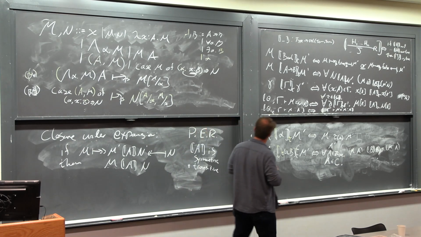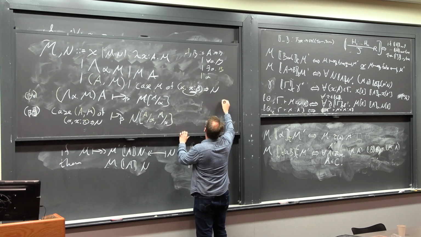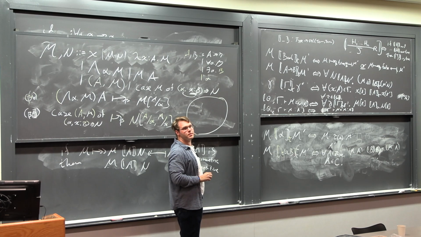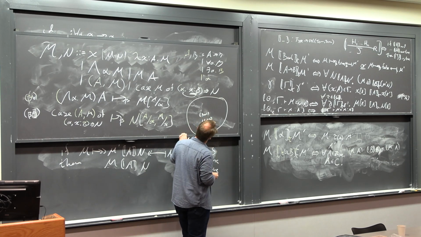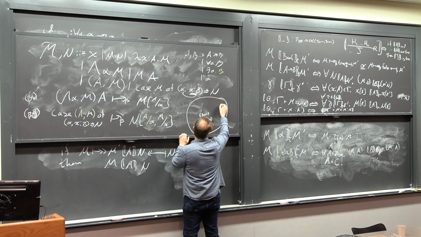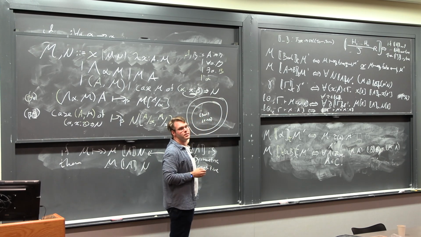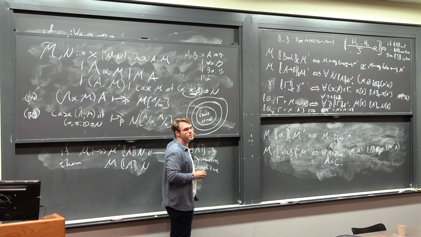So the situation is something like this. If we have the set of all binary term relations, and then we'll have kind of specific interpretations of types here, like bool and type A arrow B, among all of the term relations, some of them are closed under expansion, and some of them are also partial equivalence relations.